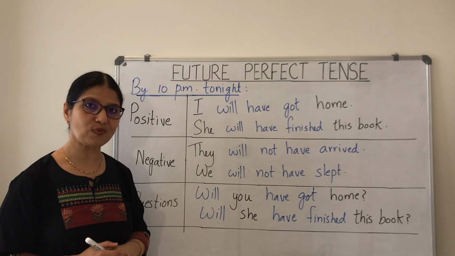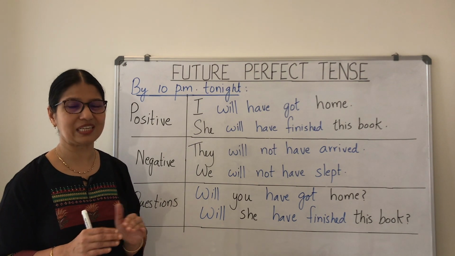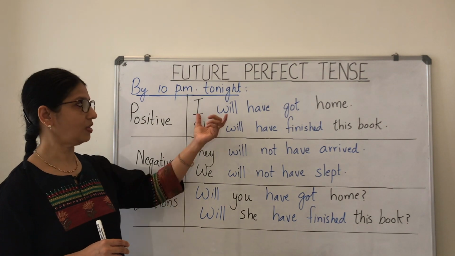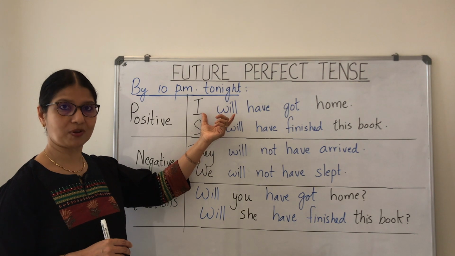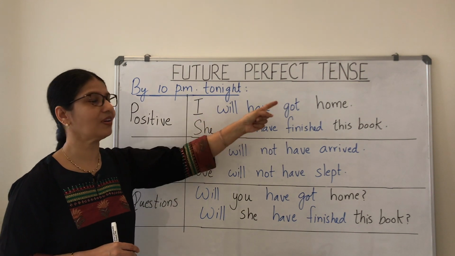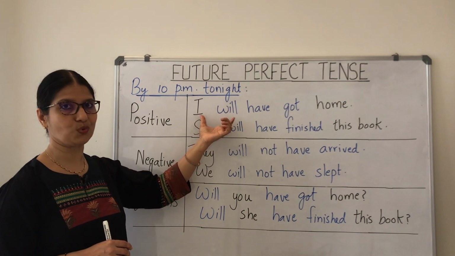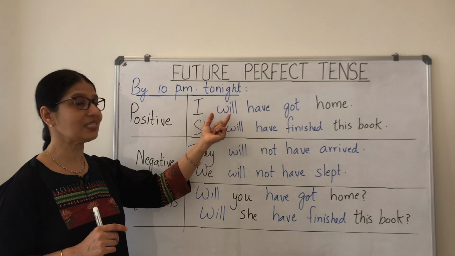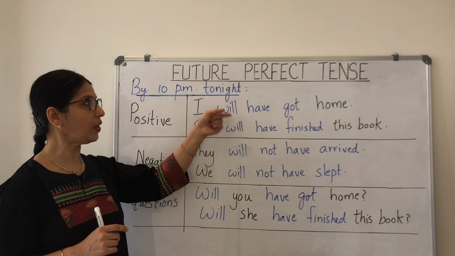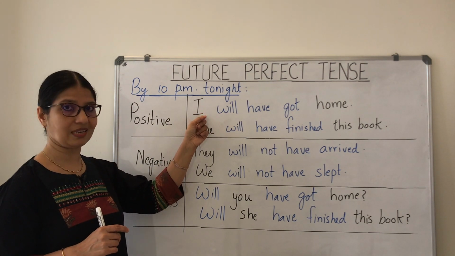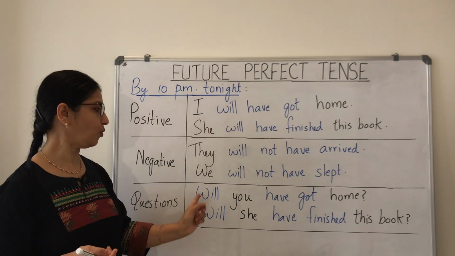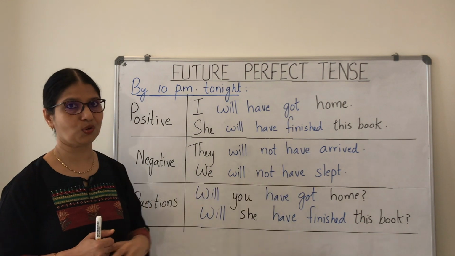And in order to make the questions, you know that you just have to change the order of the words. So in this example, you have the positive sentence, I will have got home. So what I do is I just exchange these two words. The order is changed. So I start with the first auxiliary, will, and because it's I in the answer, you have you in the question. Will you have got home?